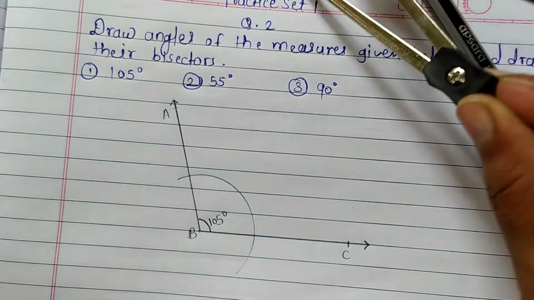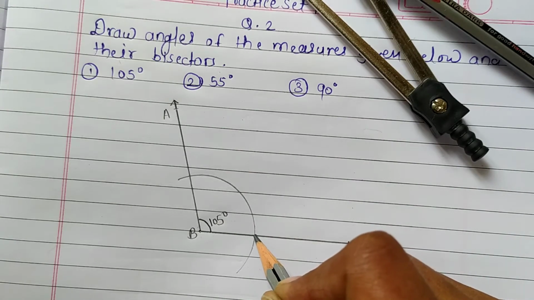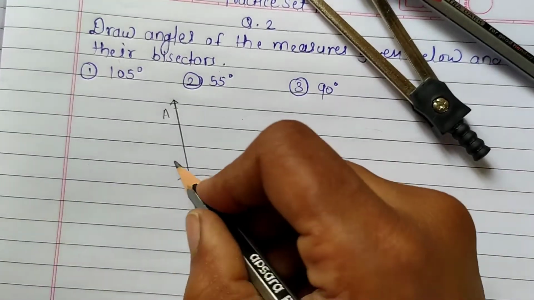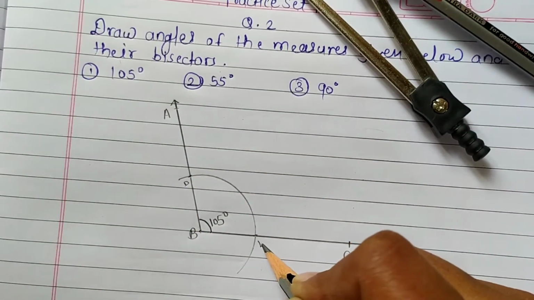Now here we are getting 2 points which intersect BC and BA, this one and this one. Let's give them name D and E.